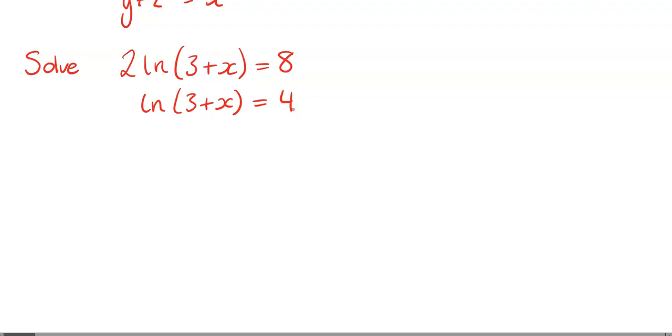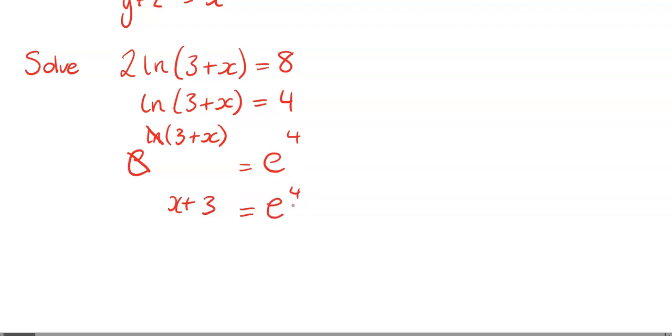Ln is log base e, so I'm going to do e to the power of ln of 3 plus x, equal to e to the power of 4. So the ln and the e cancel out, the 3 plus x drops down, and e to the 4 stays as it is.